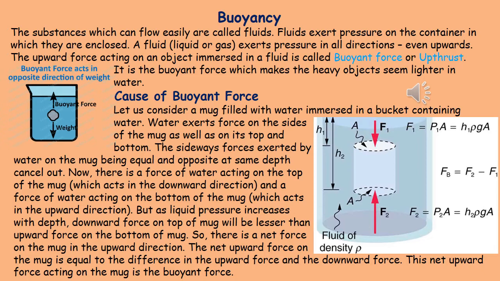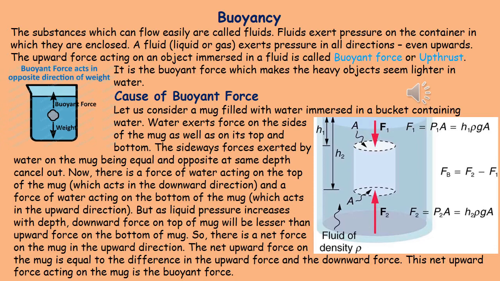Whenever an object is immersed in a fluid, two forces are acting on it. One is its weight in the downward direction, and the second one is buoyant force in the upward direction. Now, we can refer to the second diagram. We are considering a mug filled with water immersed in a bucket containing water.